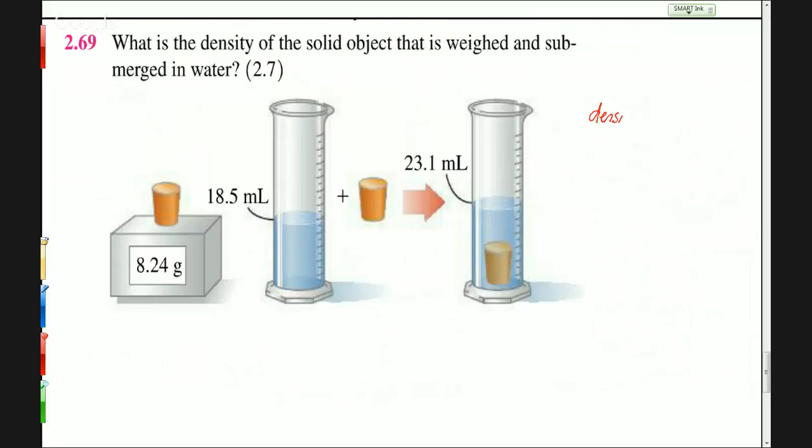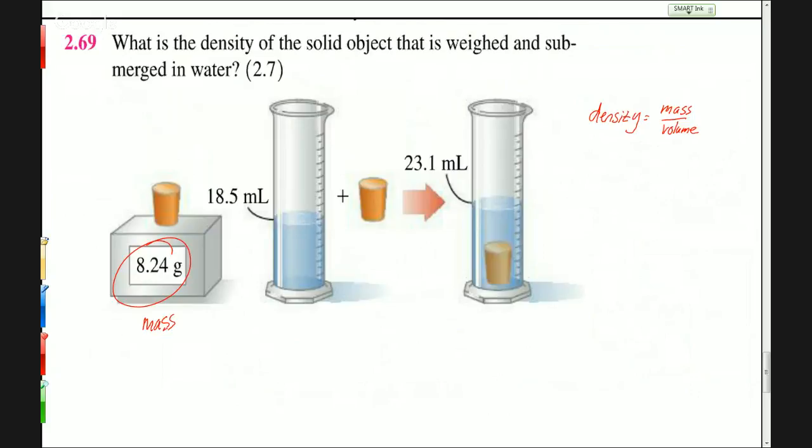So density is mass divided by volume. In this case, the mass is 8.24. The volume is how much space it takes up. So if we have a certain amount of water and we drop this down into the water, that amount of space is reflected in the new level of the water.